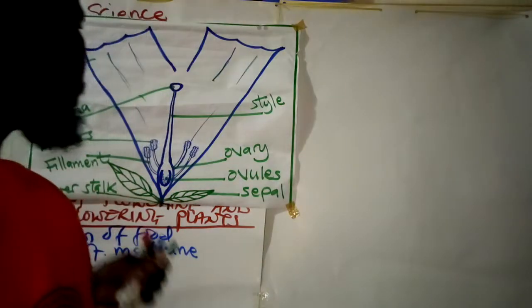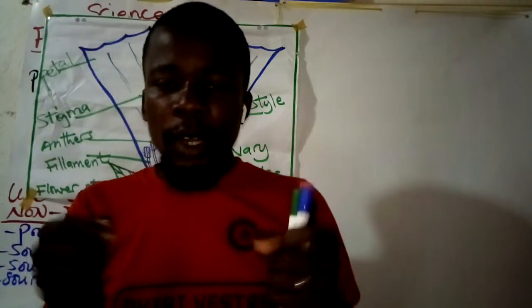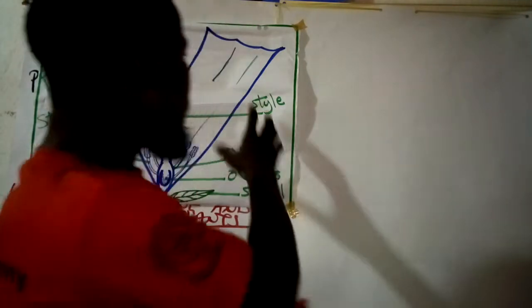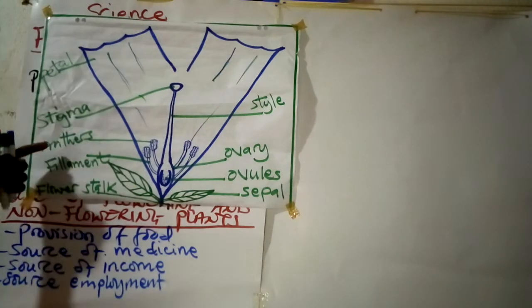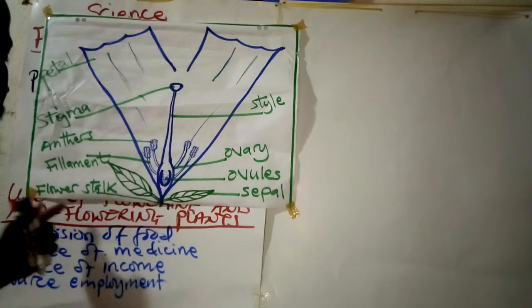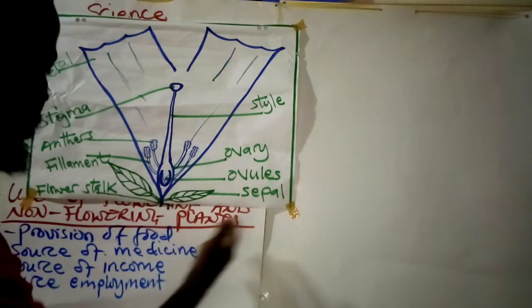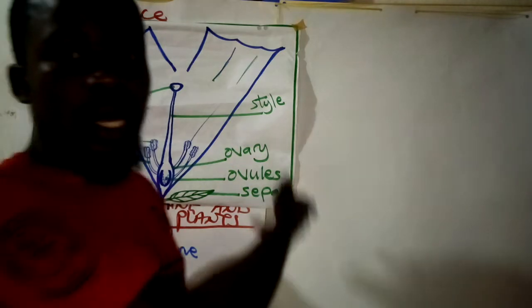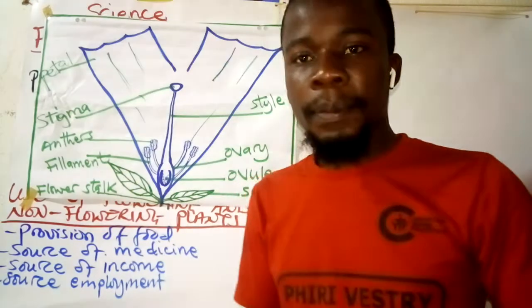We have labeled the petal, the stigma, the anthers, the filament, the flower stalk, the style, the ovary, the ovules, the sepal, as the parts of the flower.